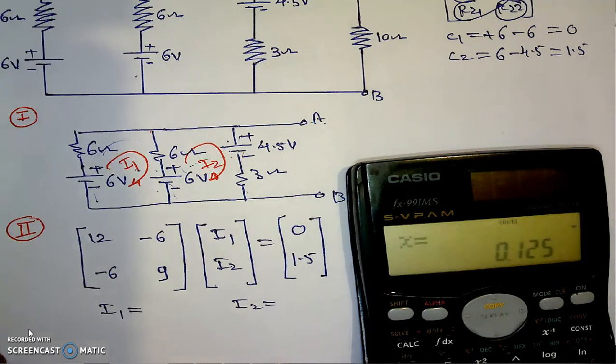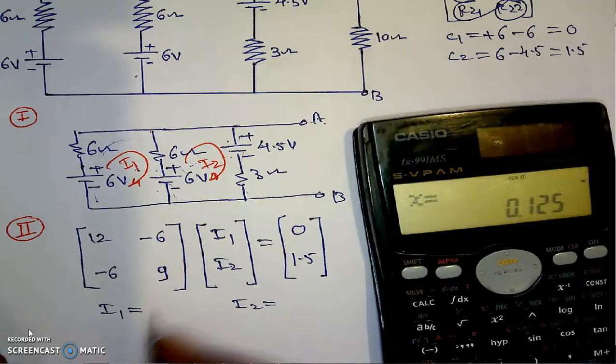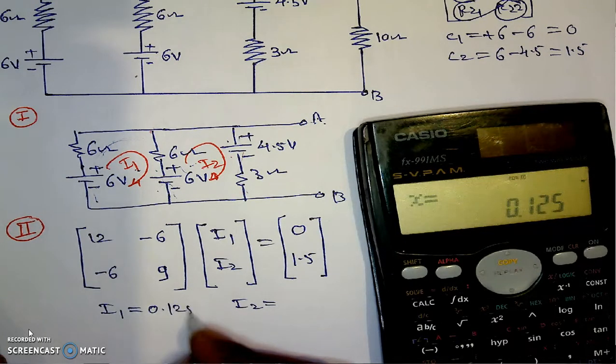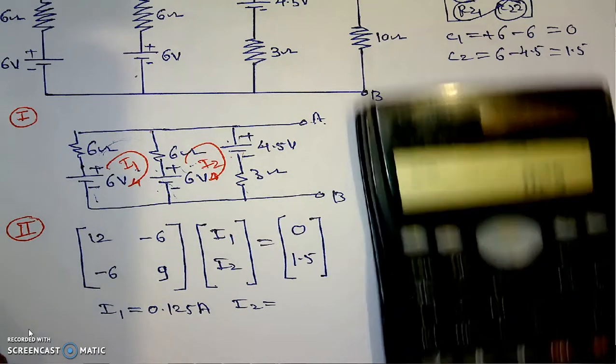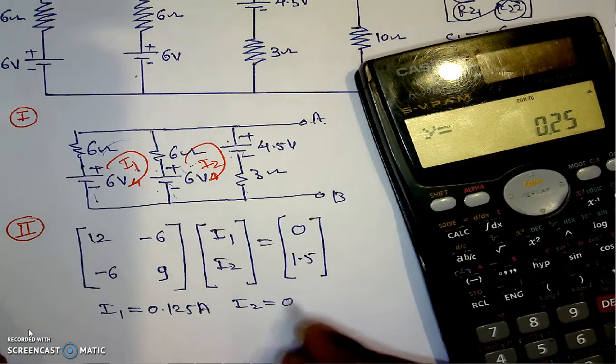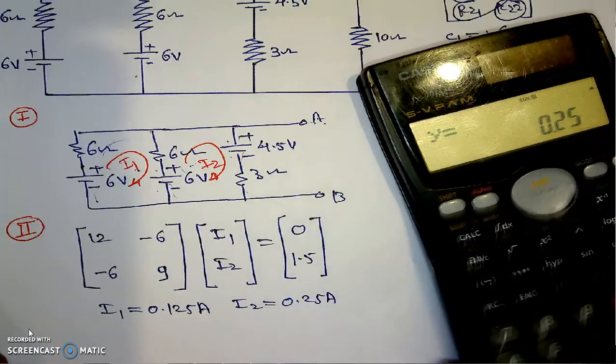The first current is 0.125 amperes. I1 is 0.125 amperes. Then I2 is 0.25 amperes.